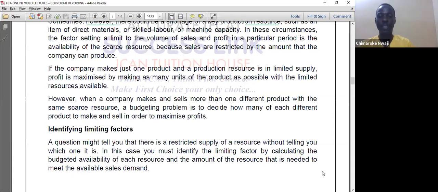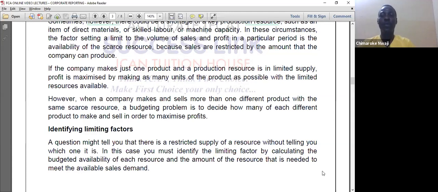When you do that, you now look at how many you have. If what is required is more than what you have, then there is a shortage on your part, and that's the limiting factor. But if what you require is lower than or equal to what you have, then that is not a limiting factor.